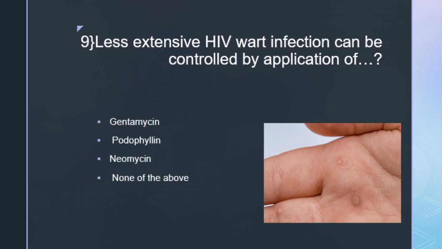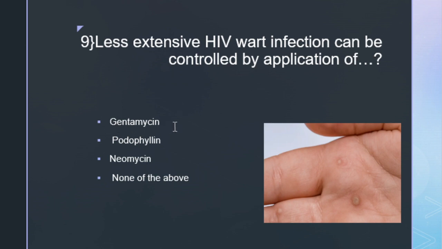Next question is, less extensive HIV wart infection can be controlled by application of. In HIV there are some warts, so the infection can be controlled by the application of which of the following drugs. First is gentamicin, second is podophyllin, third is neomycin and fourth is none of the above. The second option, podophyllin, is our homeopathic remedy.